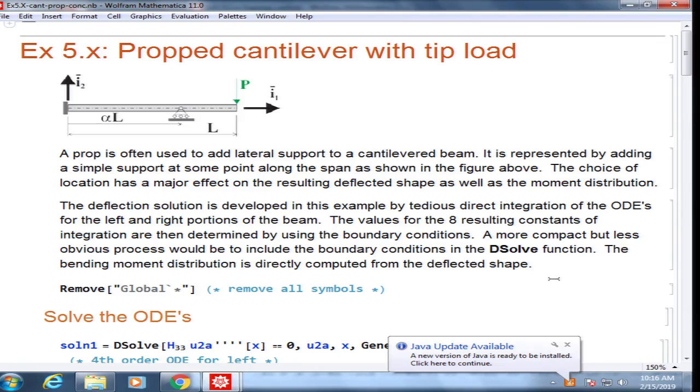So we have a beam, and at alpha L there is a support. We'll break this problem into two parts because there is a discontinuity at that location, and we cannot do the Taylor series expansion which we did for writing the governing differential equations, right?